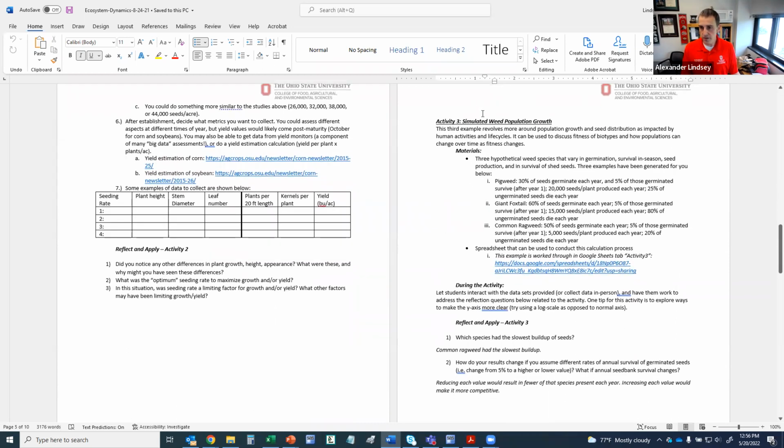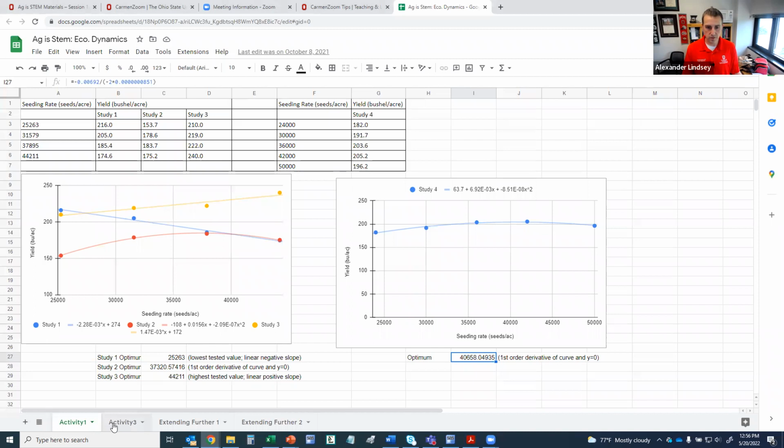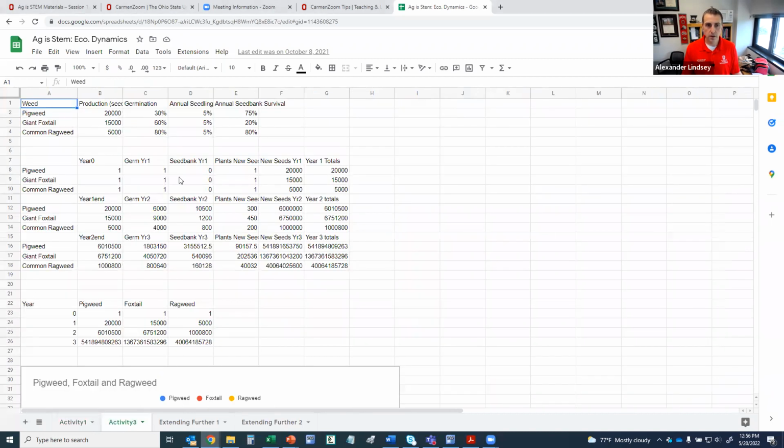So the third activity, again, is pivoting more towards weed growth and simulation. If we return back to our Google Sheets document and go to tab 3, we have 3 different species for this example. We have a pigweed species, a giant foxtail species, and a common ragweed species, with different levels of production, which are biological estimates. These are germination percentages.